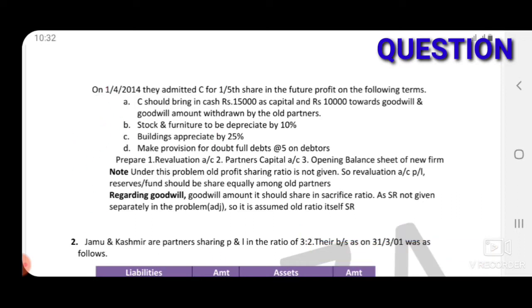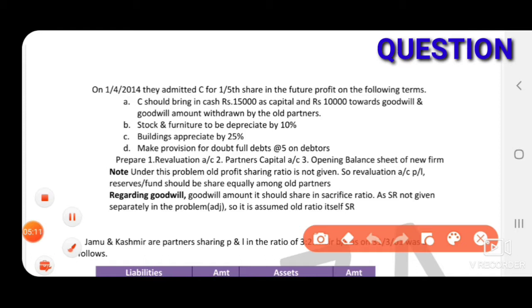Now come to the other adjustments. The remaining adjustments we compulsorily have to record under revaluation account. Stock and furniture to be depreciated by 10%.